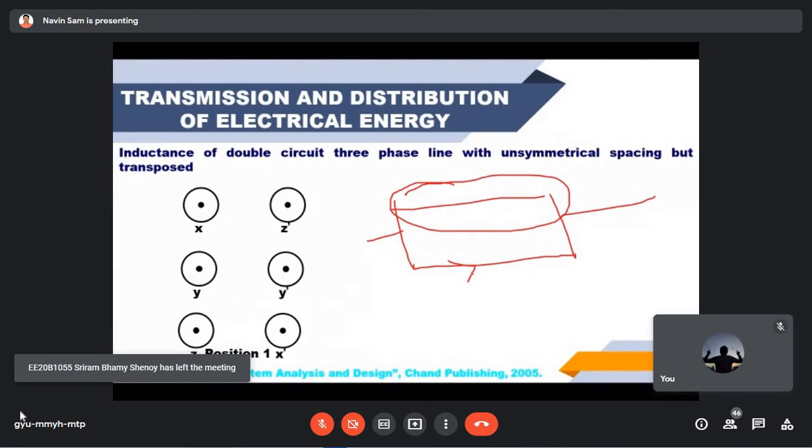Everyone knows about reliability. Am I correct? Reliability in the sense of continuously providing electricity, we call it a reliable system. Whatever happens in the system, it is reliably providing electricity.